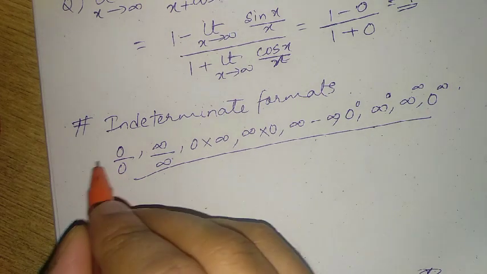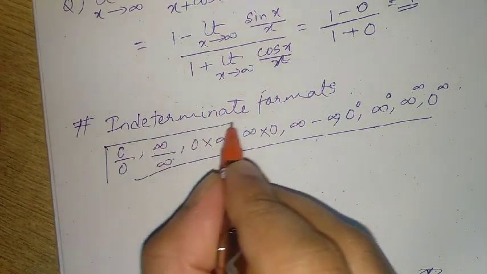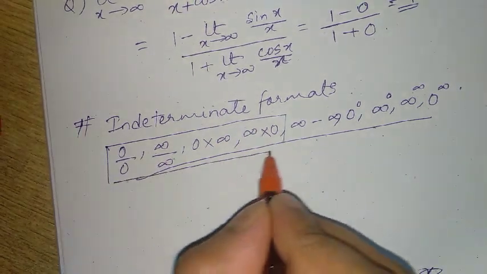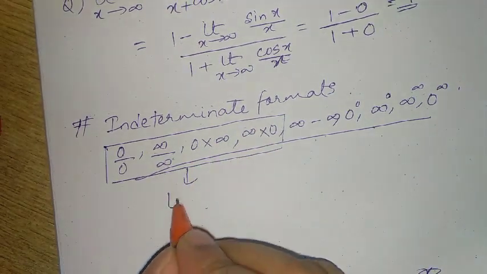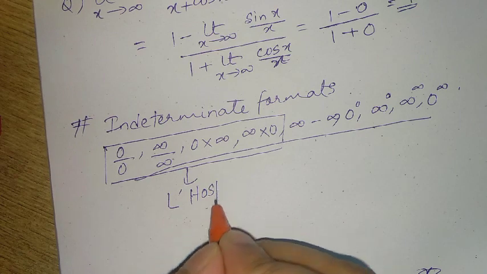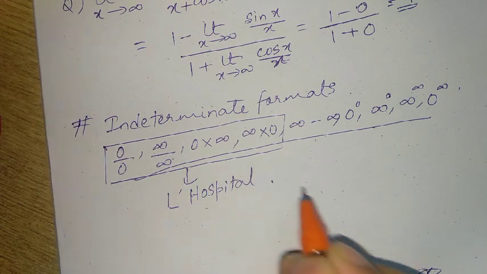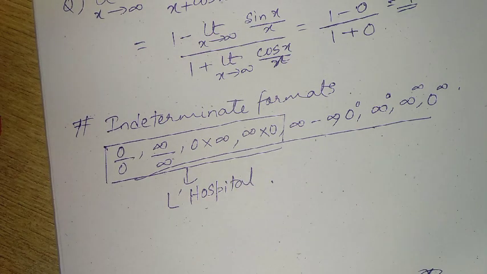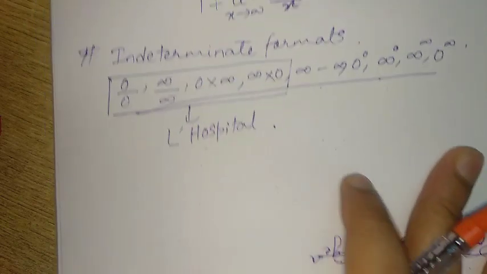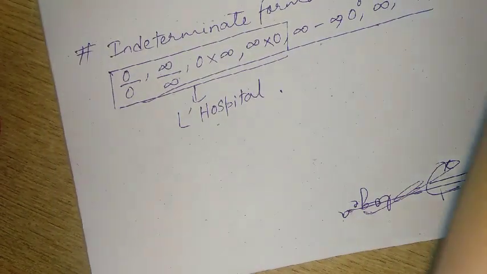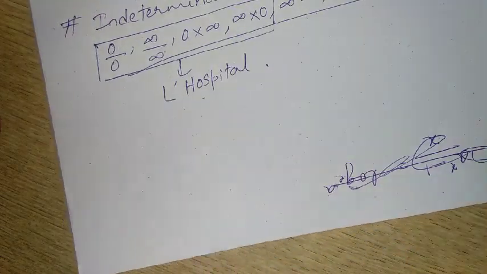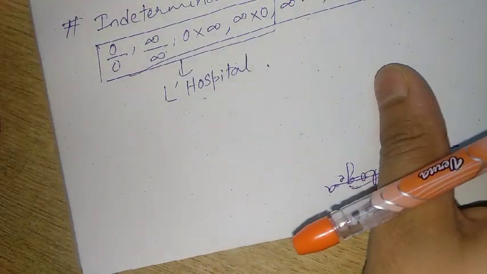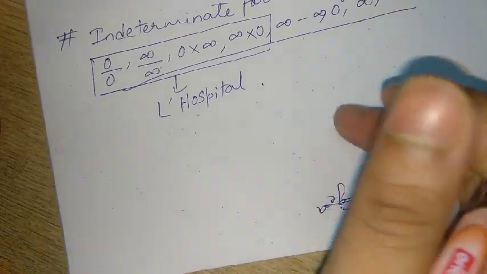Okay, for the first 4 forms we will use a rule which is known as the L'Hospital rule. This is the first kind of question, and it is a very important rule. The L'Hospital rule is simple.